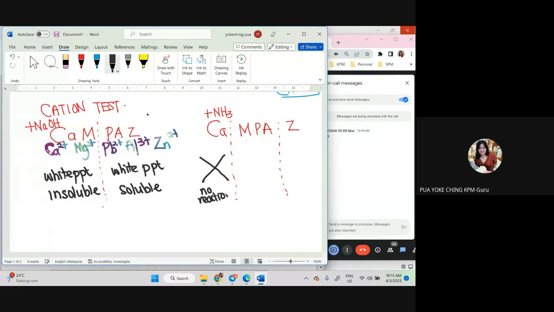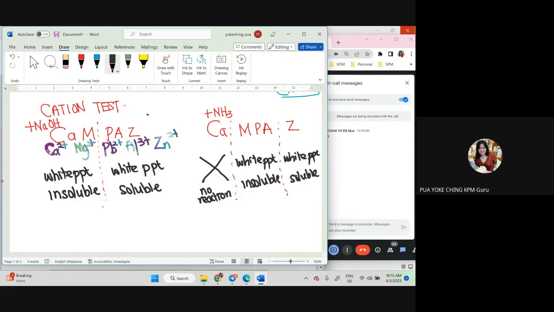Tak ada apa-apa berlaku. Sini masih white precipitate. Sini masih white precipitate. Sama juga exactly the same. This is insoluble. This is soluble. Kalau you boleh hafal ni, kalau keluar cation test dalam paper 1, you memang boleh buat. Because this is the total observation for the cation test.